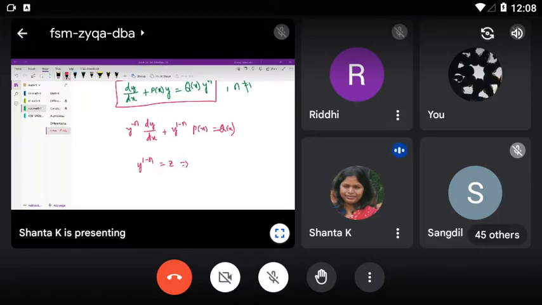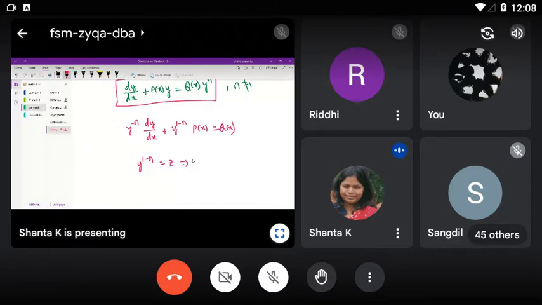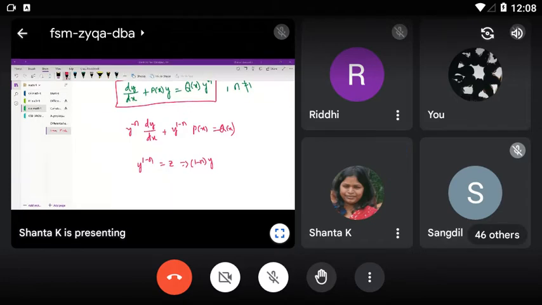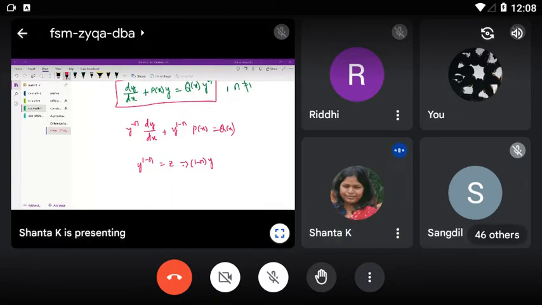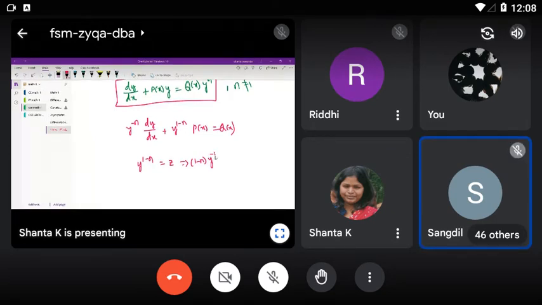What will be dz by dx? So 1 minus n, y power minus n, minus n, dy by dx will be equals to dz by dx.